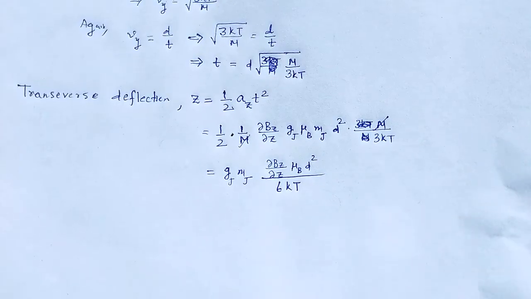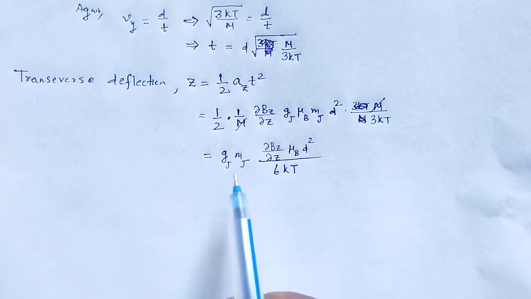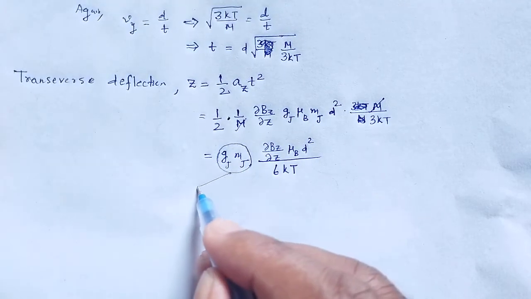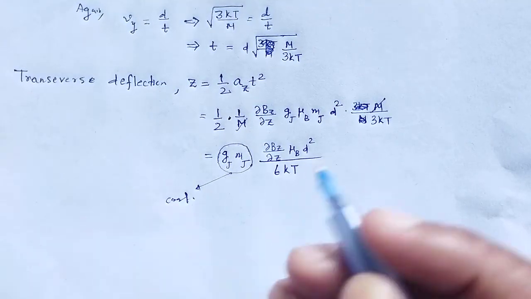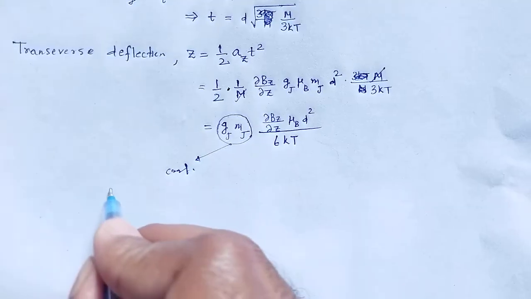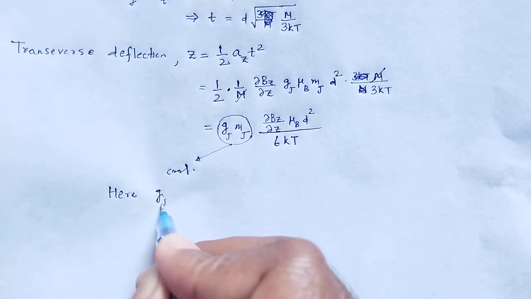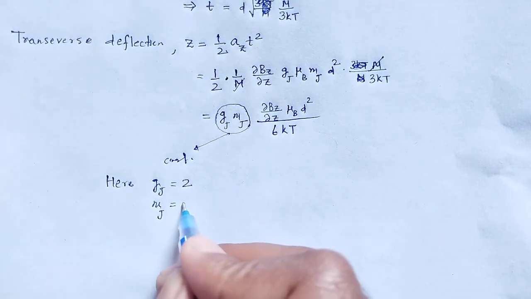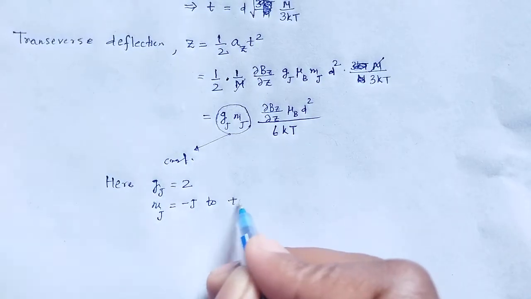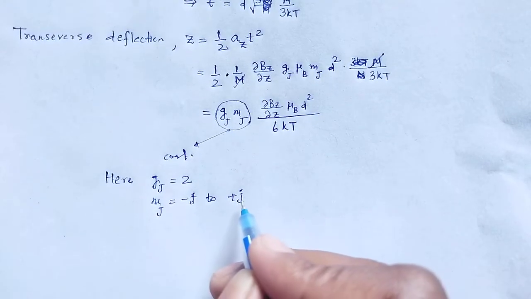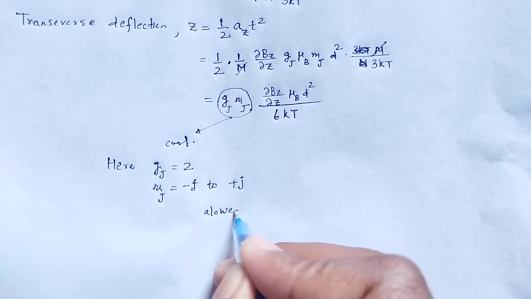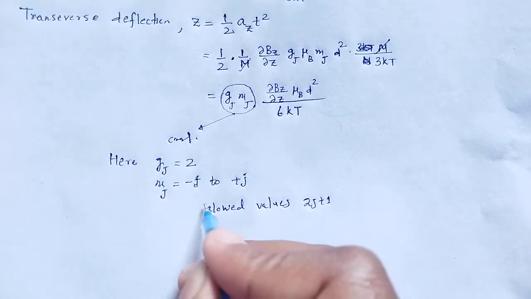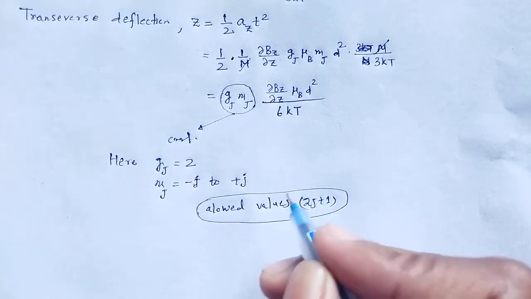The values of gj and mj are constants, and here gj is equal to 2 and mj varies from minus j to plus j, and the allowed values are 2j plus 1.